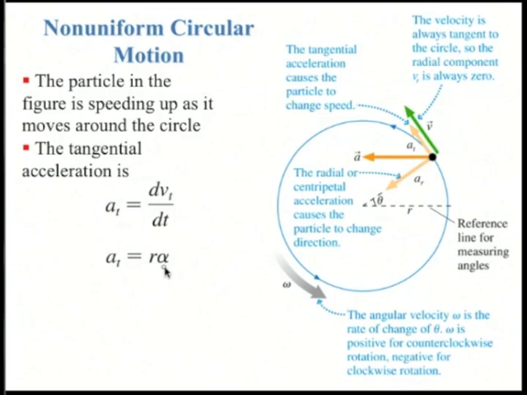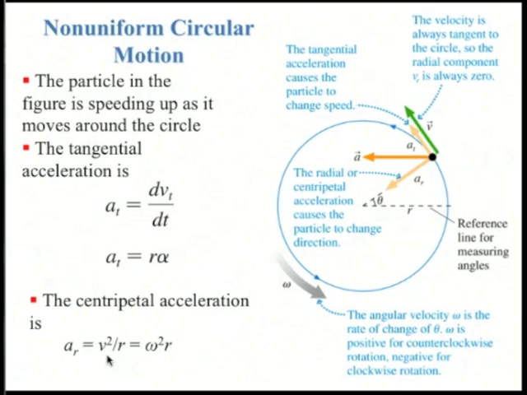This can be described by the angular acceleration alpha. It's equal to r times alpha. And if you want to look at a sub r, the centripetal acceleration, it's v squared over r, which is omega squared times r.